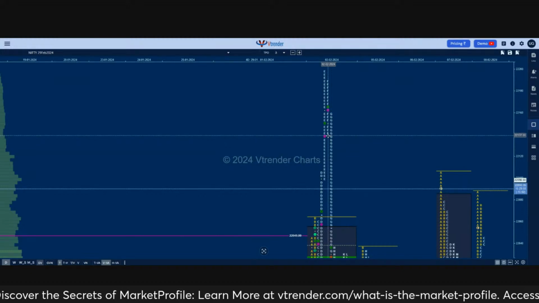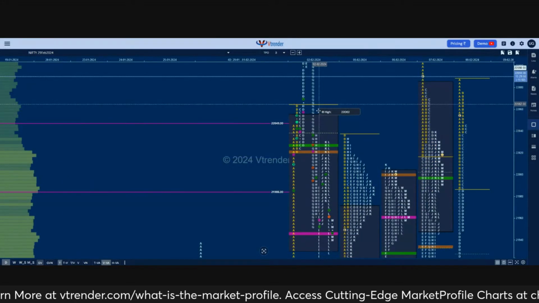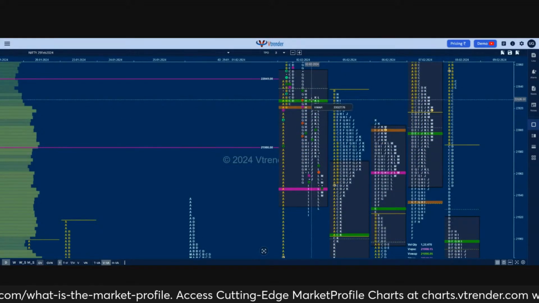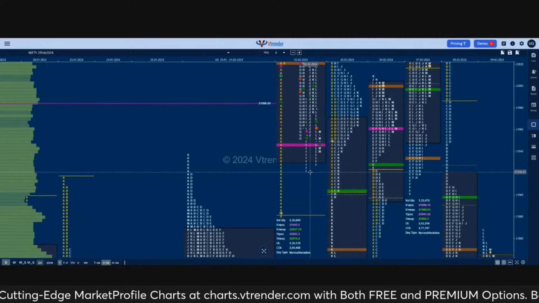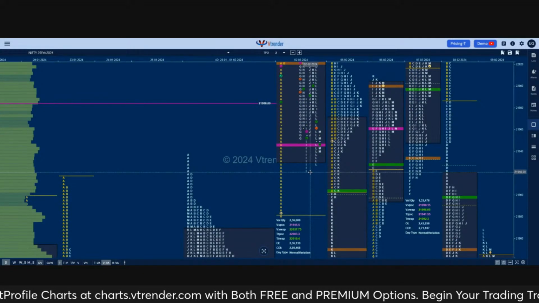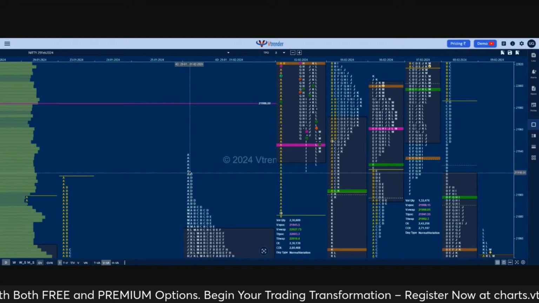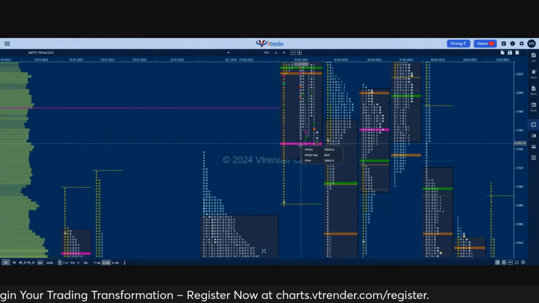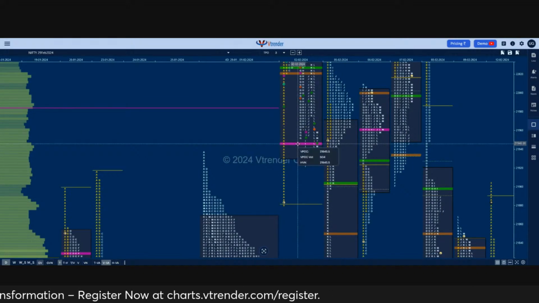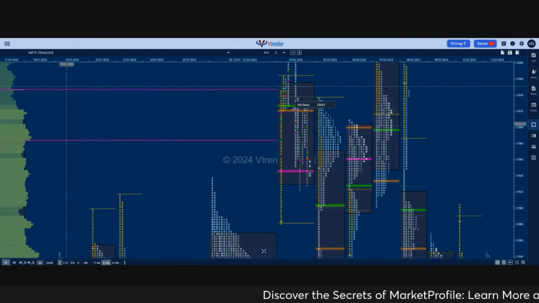From there we not only got back inside the IB, the initial balance, we went on to break VWAP and almost tag the A period tail, the lows. We just held above this 21920 level, which was an FA from the 1st of February. So that was giving us some support. And what we saw here again was the POC shifting down to 21945.